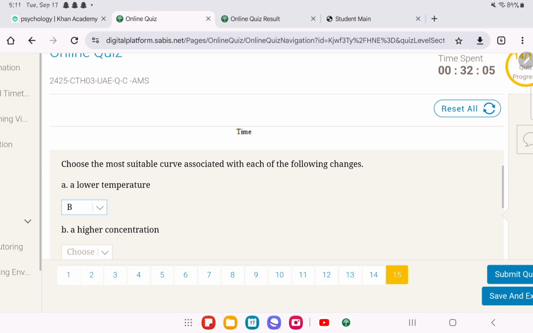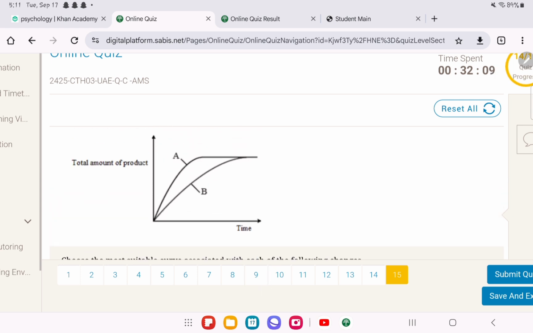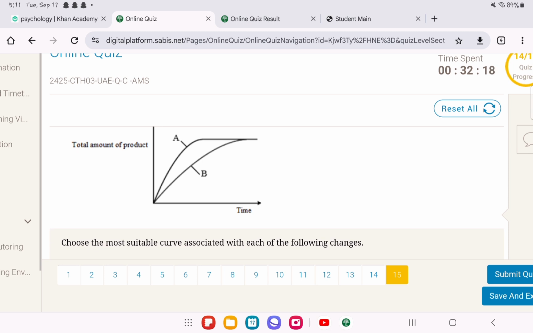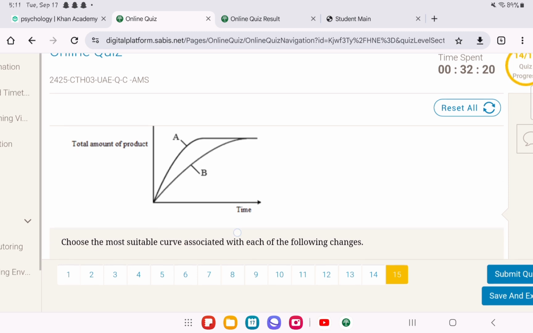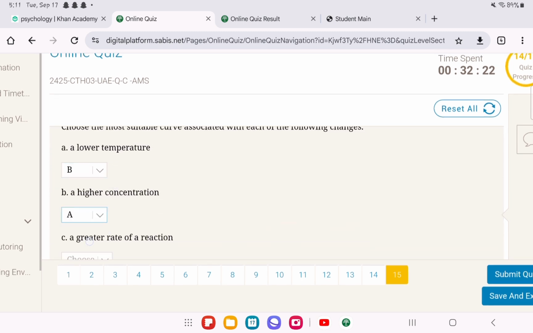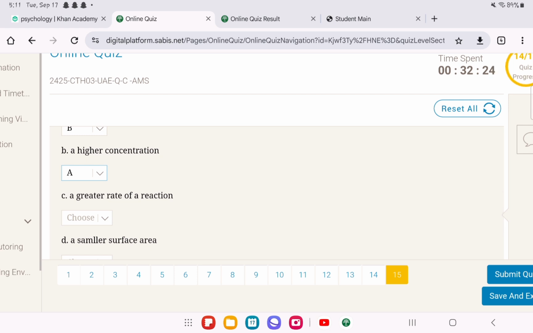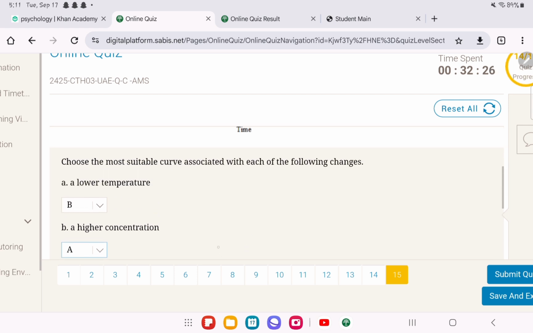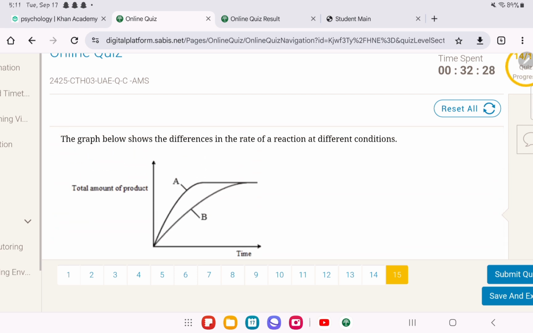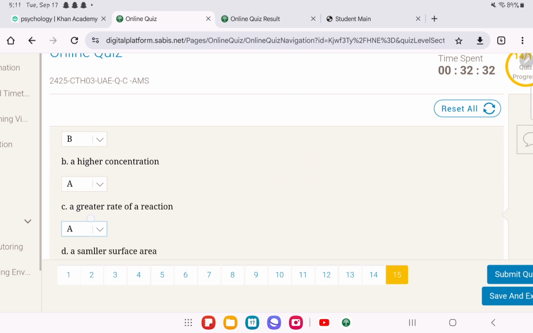Part B. Now, if you have a higher concentration, you're going to increase the amount of collisions, so the reaction rate will increase. So which one has an increased slope? Because the reaction rate increased, it is A. Now, something with a greater rate of reaction will have a greater slope, so it is A.